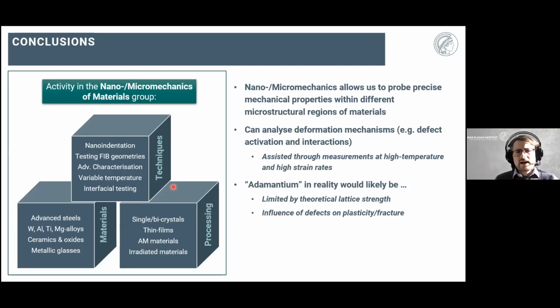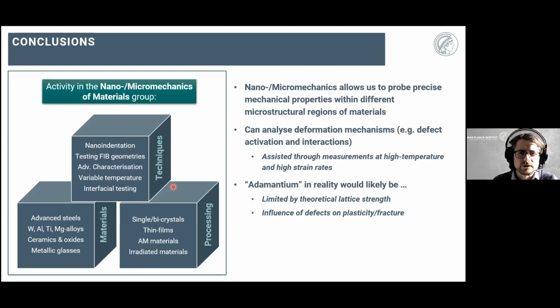And so to end on that note, I just want to really stress here that nano and micromechanics is a really crucial tool when we want to understand materials on small length scales and to be able to then design materials on small length scales, which is of course becoming increasingly important in today's world. That we can also use these techniques to analyze deformation mechanisms.